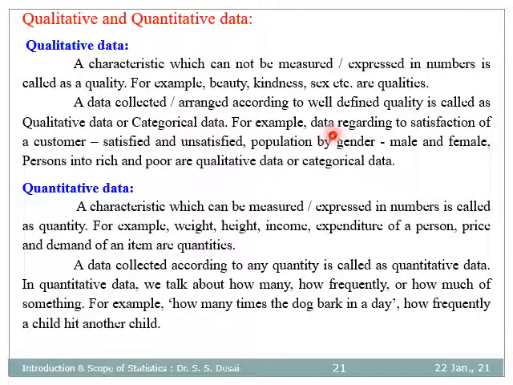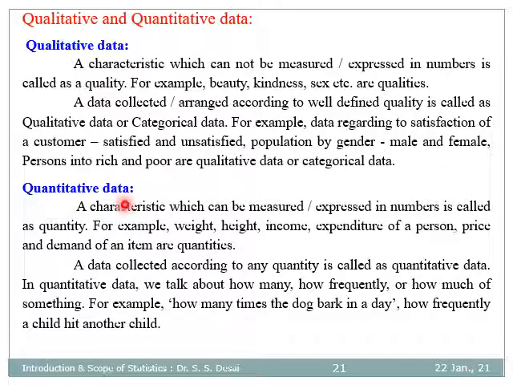For example, data regarding satisfaction of a customer, satisfied and unsatisfied, population by gender male and female, persons into rich and poor are qualitative data or categorical data.